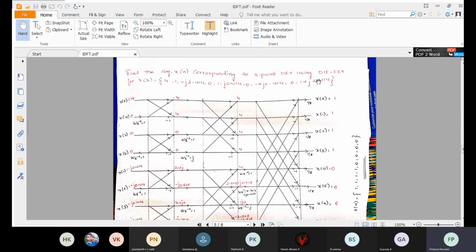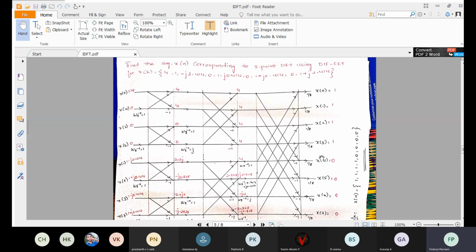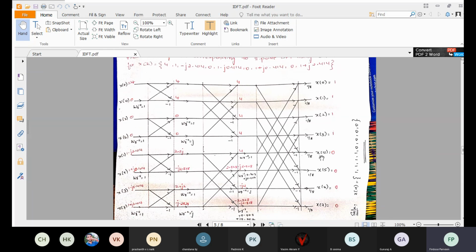So this one will be our x of 0, x of 1, x of 2, x of 3, x of 4, x of 5, x of 6, and here will be your x of 7. First will be your 2 point, then 4 point, then 8 point. The answer x of n has been given here. You can try this. You will do it now and tell me.